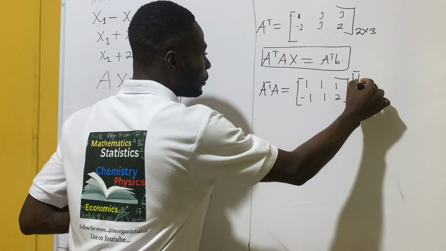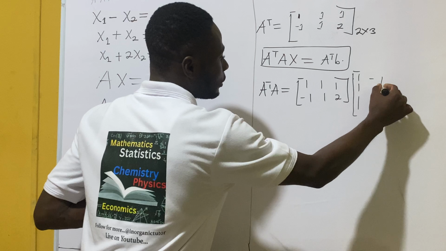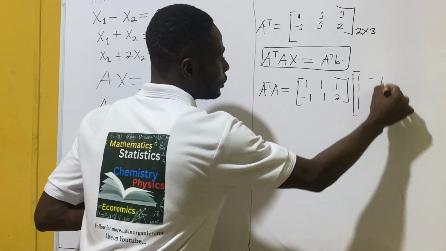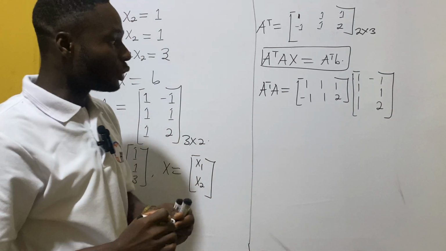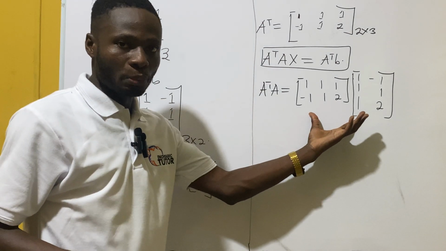So 1, 1, 1, -1, 1, 2, right? So this is what we have now. So we have to perform the operation on this.